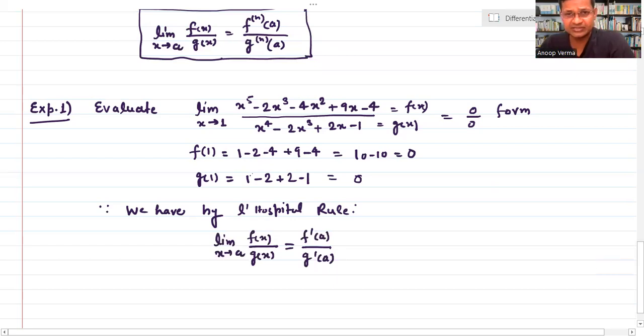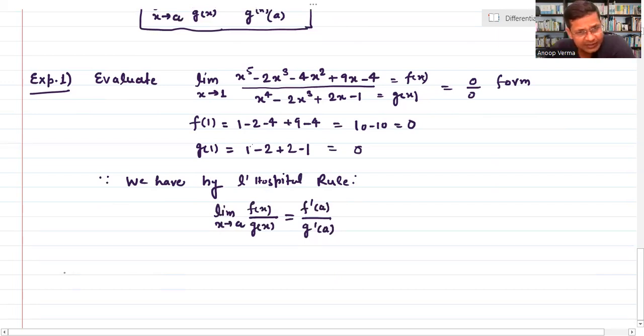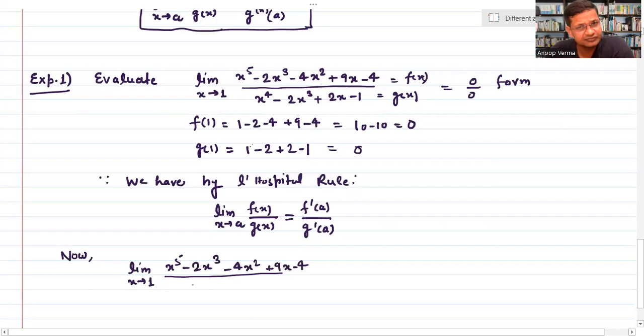तो यहाँ पर हमारे पास a बराबर है 1, and what will be the derivative? So now we are going to calculate this limit, x tending to 1, of x^5 minus 2x^3 minus 4x^2 plus 9x minus 4, divided by x^4 minus 2x^3 plus 2x minus 1.